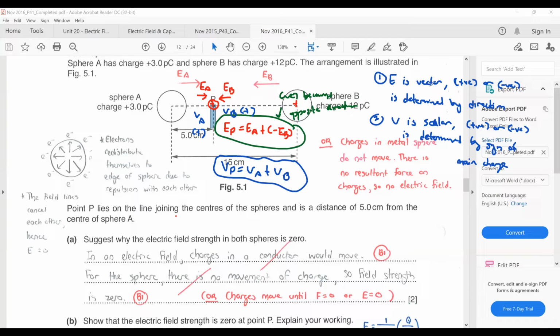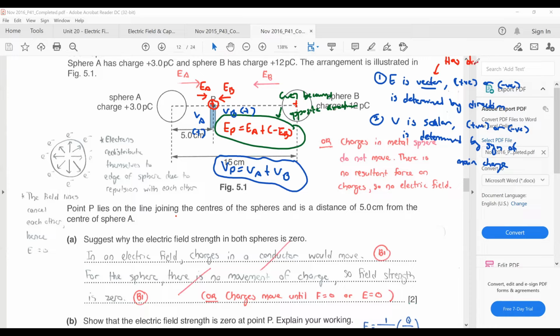A vector has direction to consider. But when you're talking about scalars, scalars have no direction. Positive and negative here is determined by the sign of your main charge. So that's the easiest way I can explain it to you.